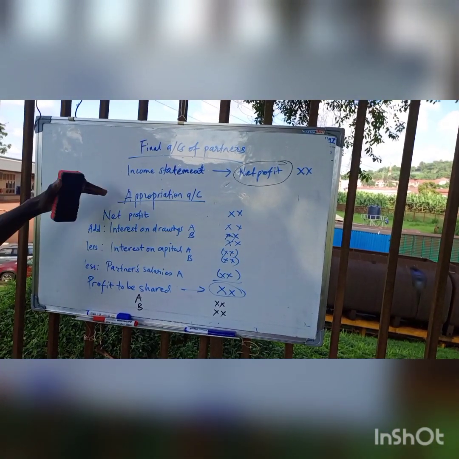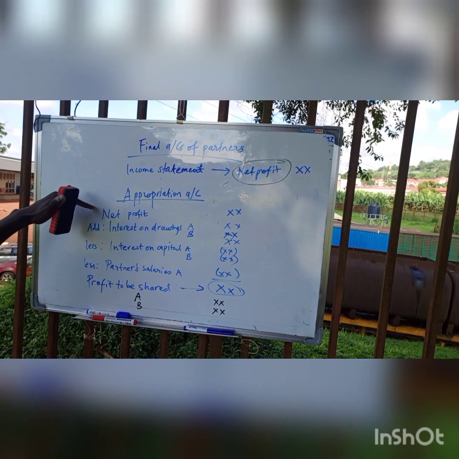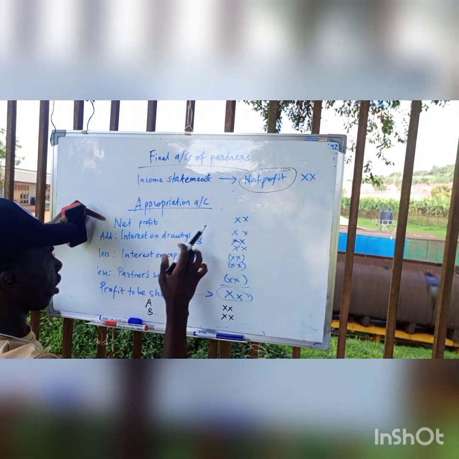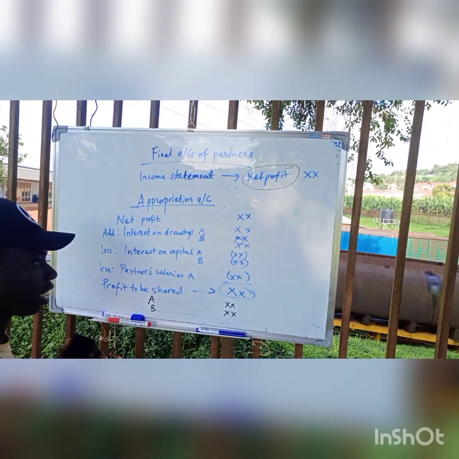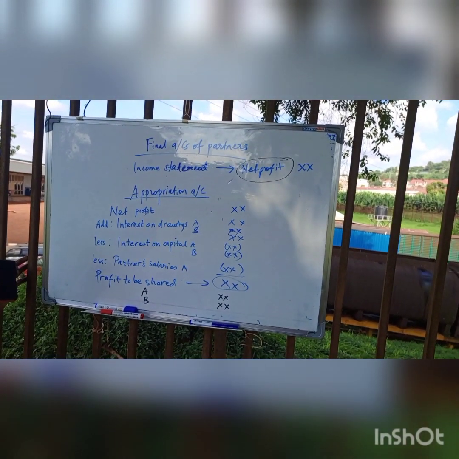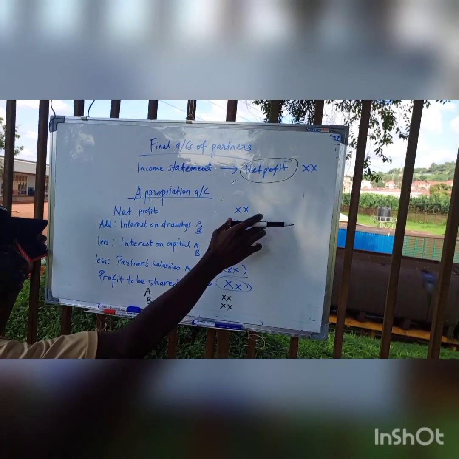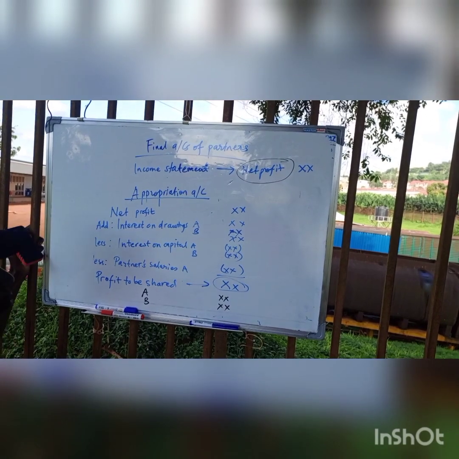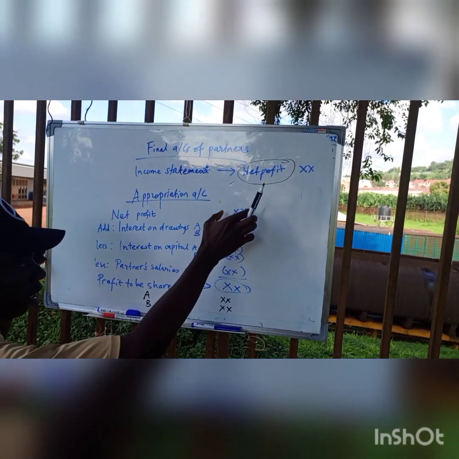So when you start to prepare this account, you start with the net profit figure you get from your income statement, which is the figure I bring here. Now I'm supposed to make adjustments on that figure. Basically, we adjust a few things. For instance, on that net profit I am supposed to add interest on drawings. Remember, this profit is for the partnership business.